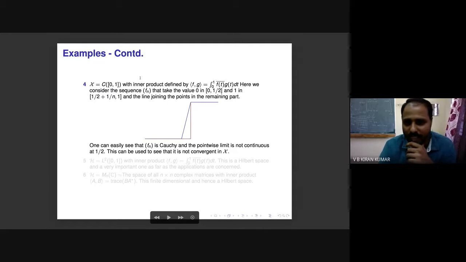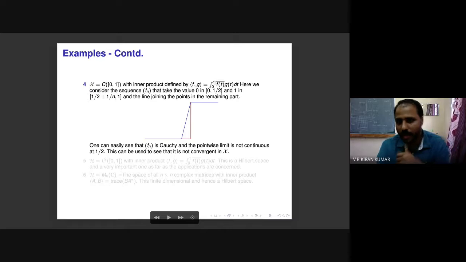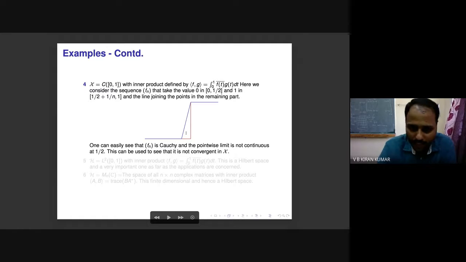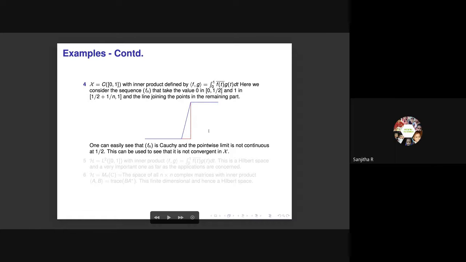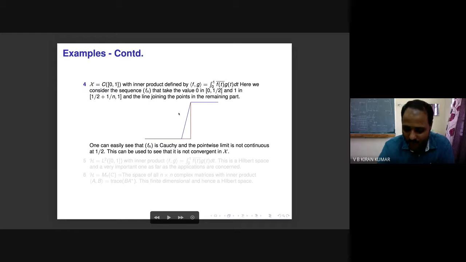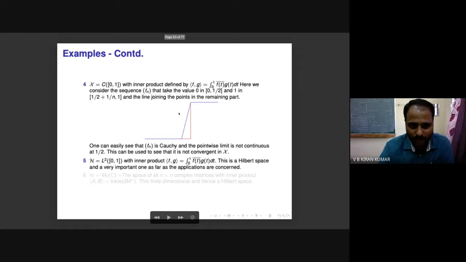C01, we have already seen that it's an inner product space with respect to this inner product, and this will give you the L2 norm here, but with respect to this norm, it will not become complete. This is something we have already seen. Do you recall this function? Yes, sir, in one of the lectures. Okay. So this is also an incomplete inner product space.